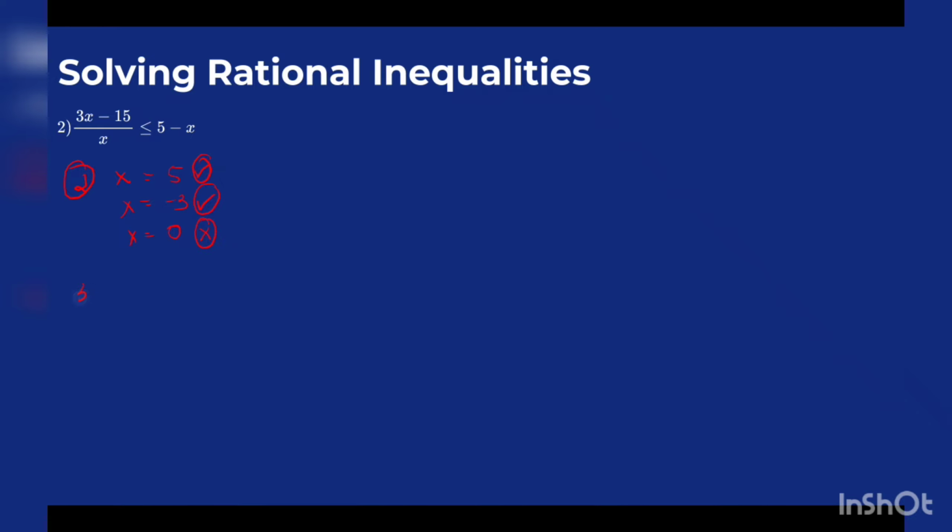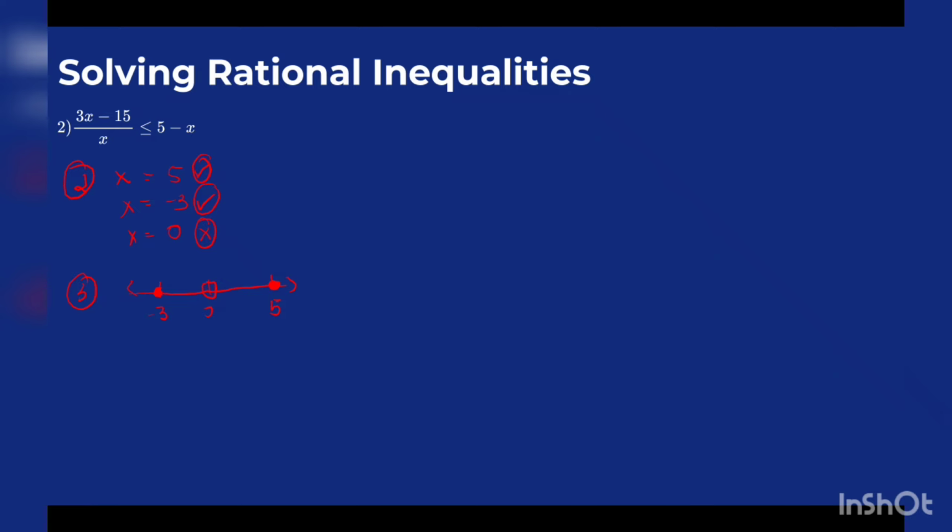So on step number 3, if we draw the number line, so let's say negative 3 is somewhere here, and then 0 is here, while 5 is somewhere here. So negative 3 is included, 0 is not included, so open circle, and 5 closed circle.